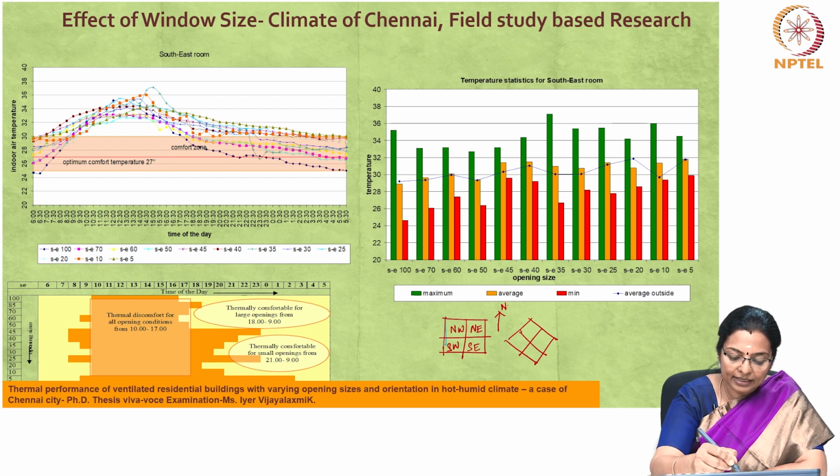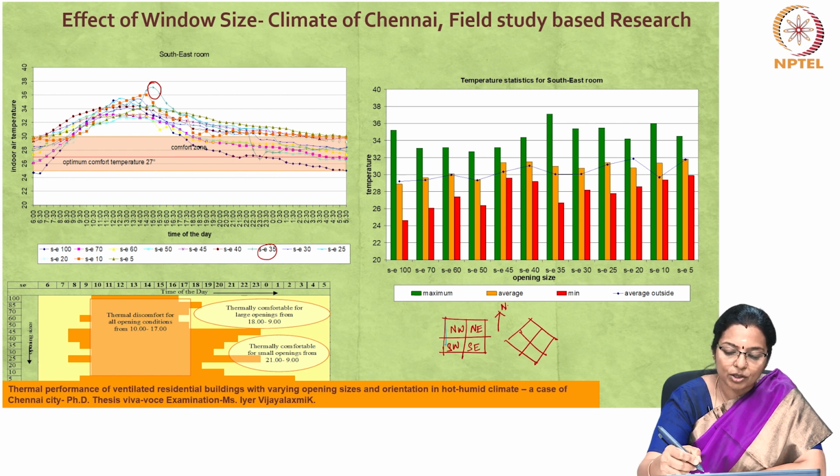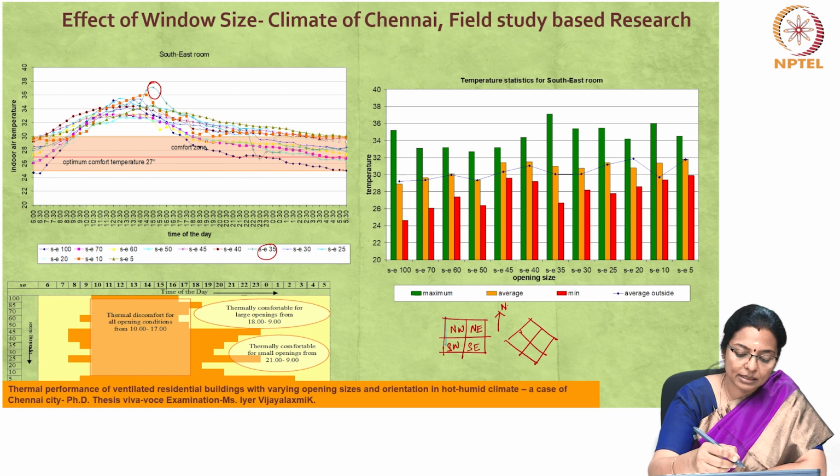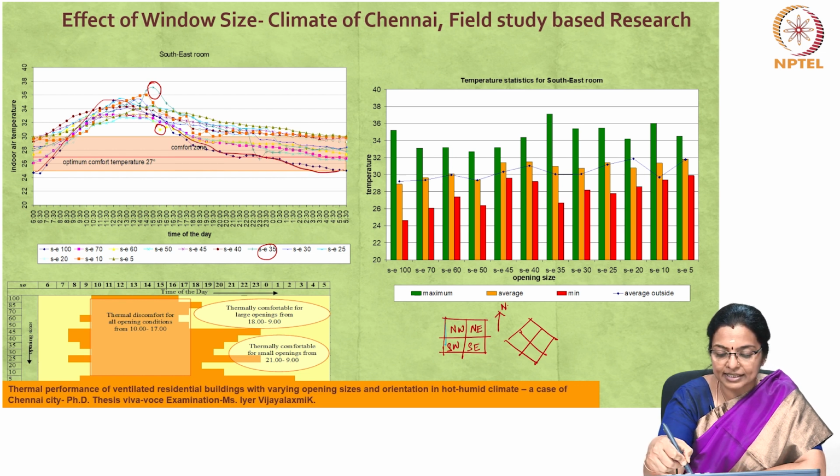This one, which is say 35 degrees, seems to be peaking, and then you also have opening sizes which is about 60 degrees, which is low, and then the 100-degree gets lower and then slowly increases, and so on.